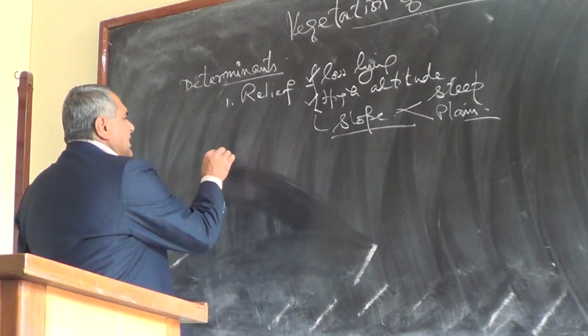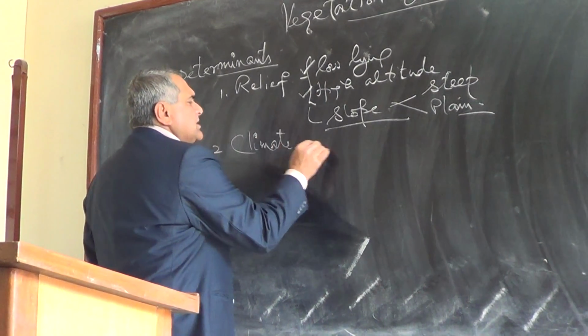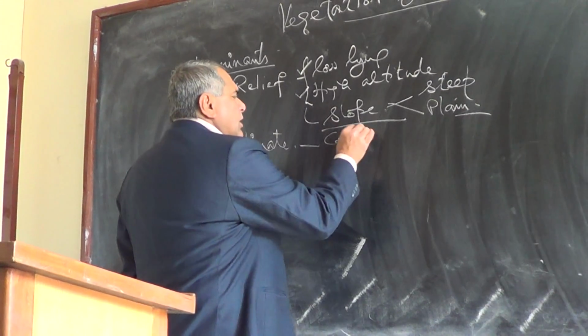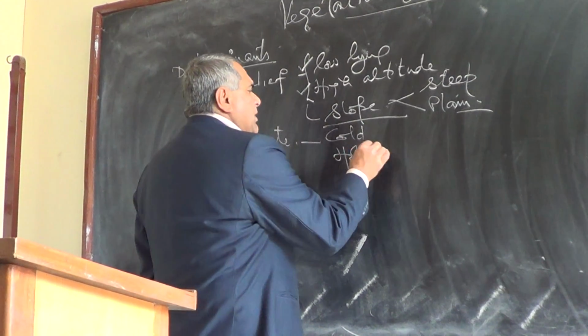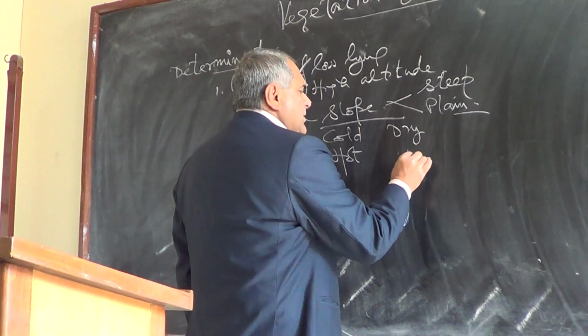So apart from that, it is the climate, another most important parameter which determines the vegetation. So climate may be cold, may be hot, may be dry, may be wet.